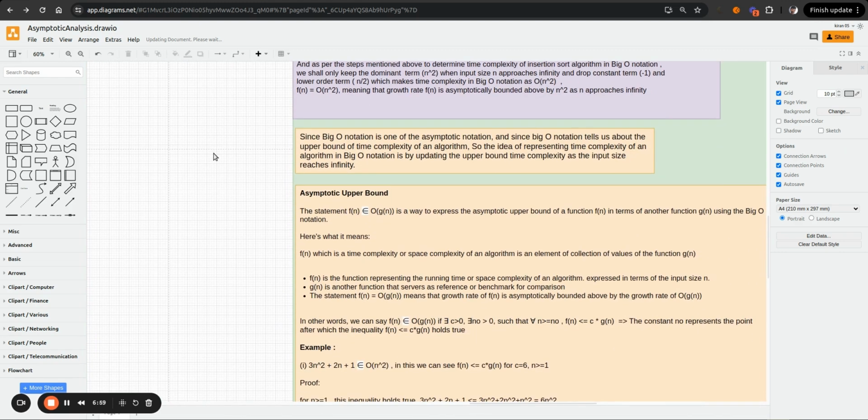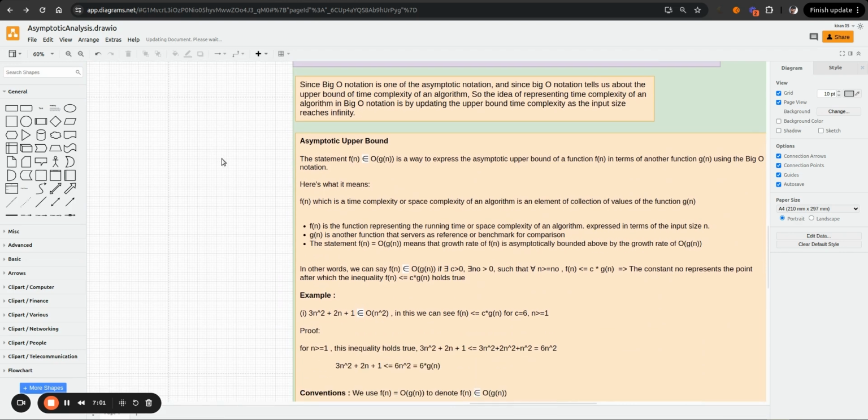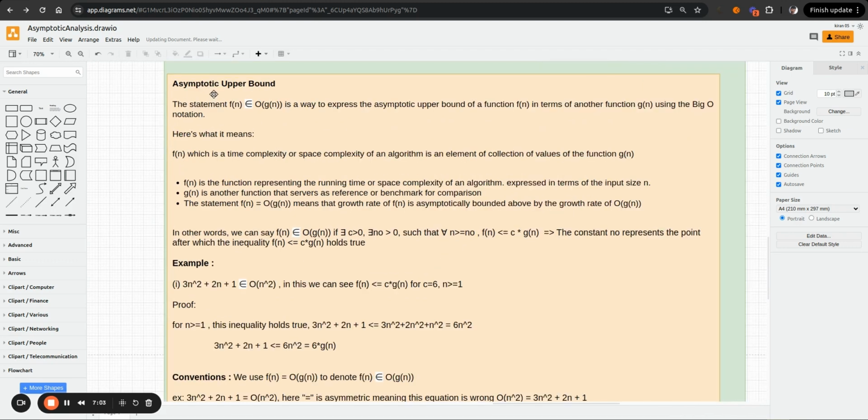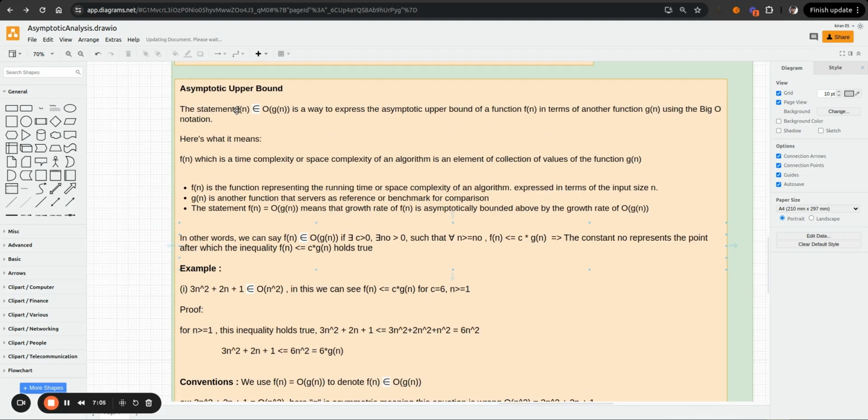Keeping this in mind, this is the common way of generically expressing the upper bound of a function. The expression is f of n belonging to big O of g of n.